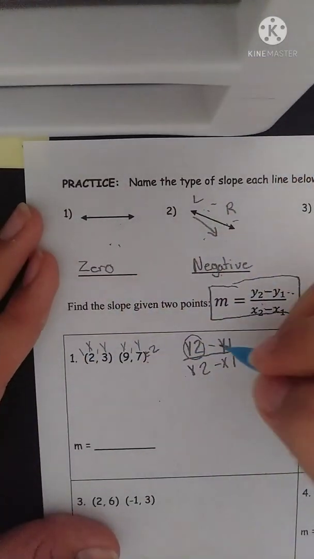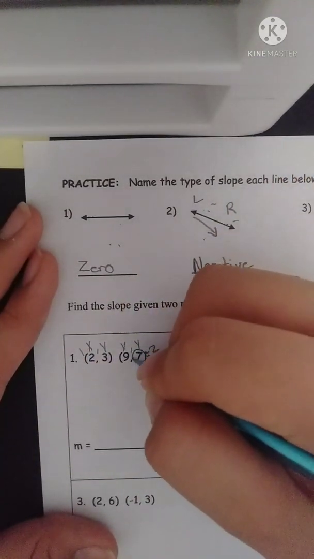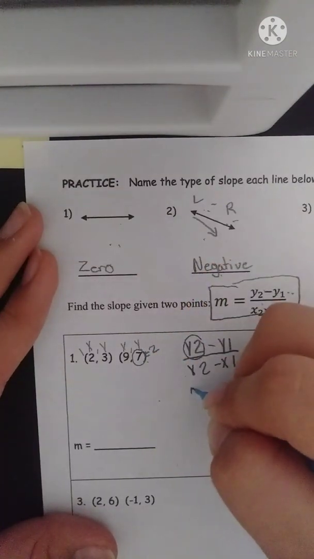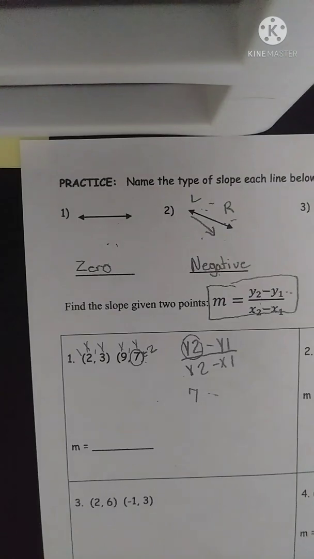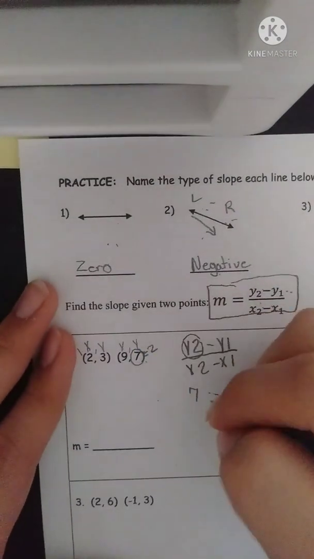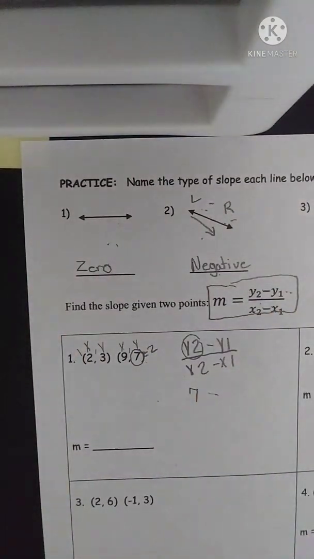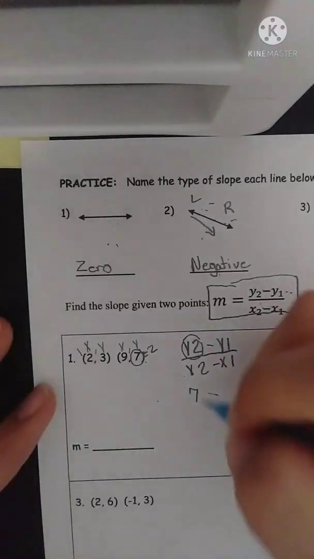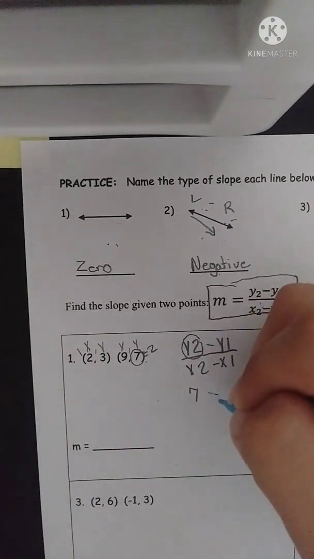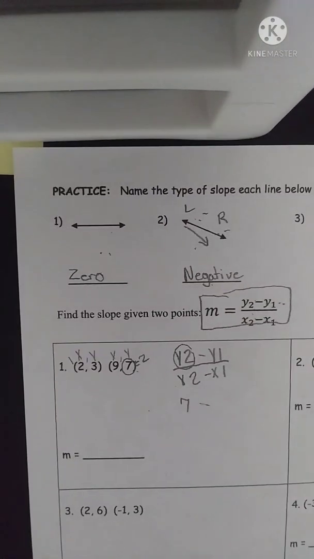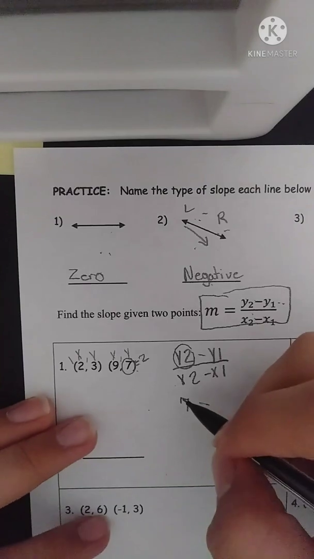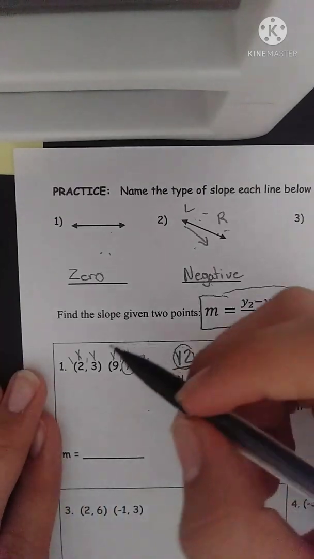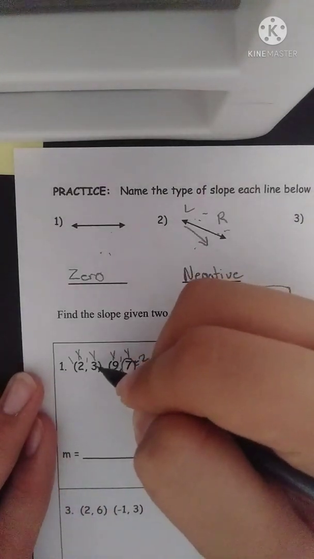So you're going to take y2, so you're going to take 7, subtract it, give me a second. Sorry, I needed to refill my pencil lead. So, as I said, you're going to take 7, and then you're going to go to your first y.